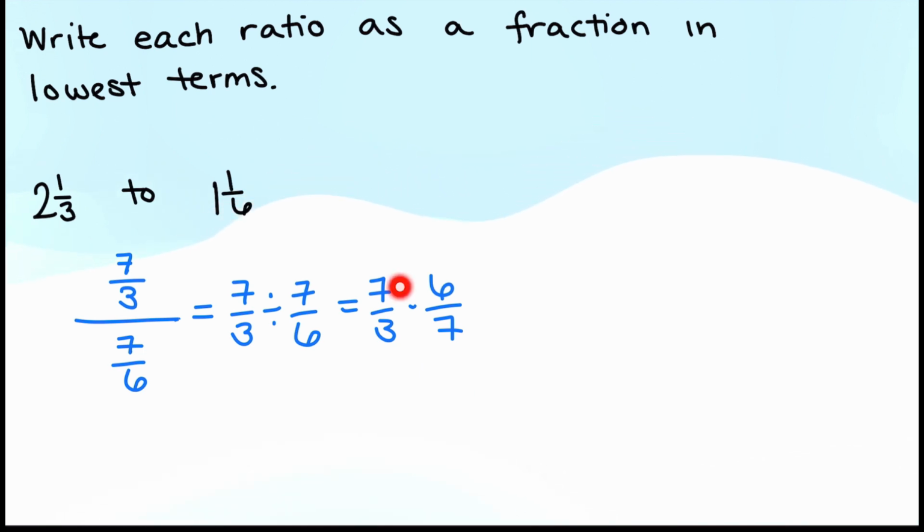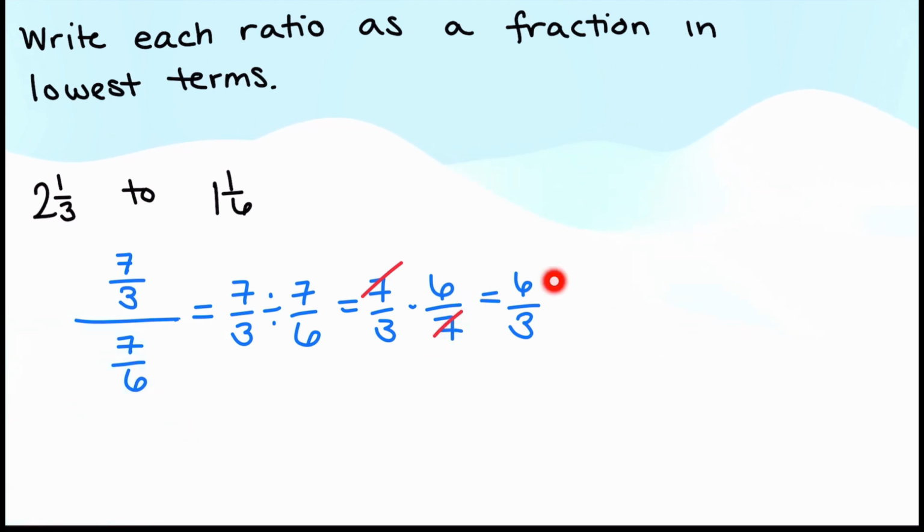To multiply fractions, we can just go straight across and multiply 7 times 6, and then 3 times 7. But to save a little bit of time, if I recognize that there are any common factors, I can just go ahead and cancel those out right now. And there is a common factor of 7, definitely, so I'm just going to go ahead and cancel the 7s out.